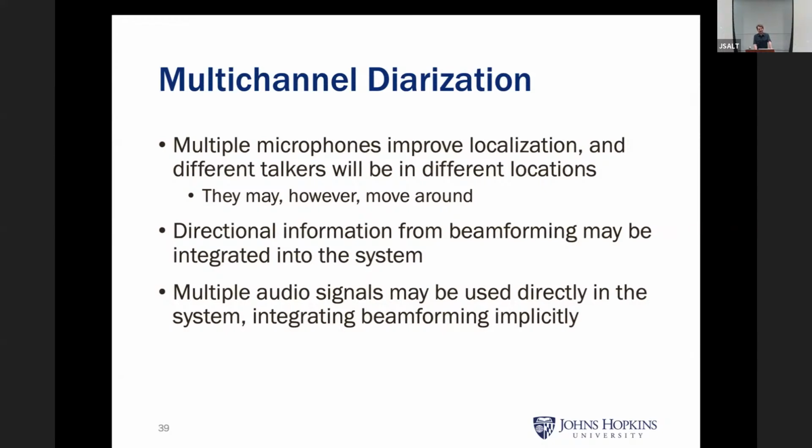So there are some tricky things with that, where you can maybe just include all of your different microphones and let the network have access to all of them, and maybe they'll learn something useful. Or maybe you want to try to integrate beamforming information, or maybe you want to have multi-stage beamforming. There's a lot of different things, but the point is that there's useful information there, but it is not as trivial as you might initially think in terms of using it for diarization.